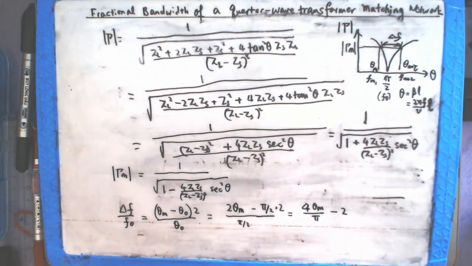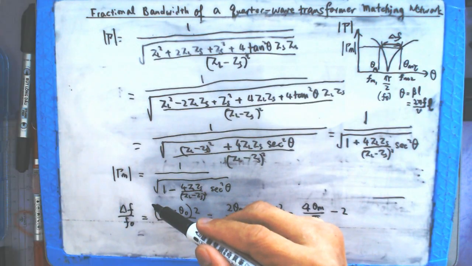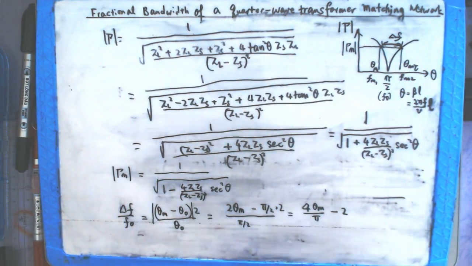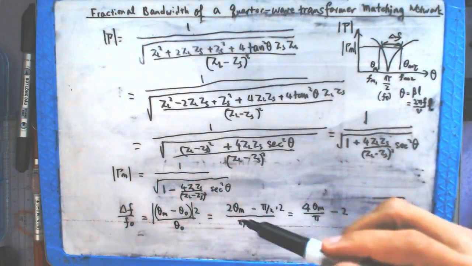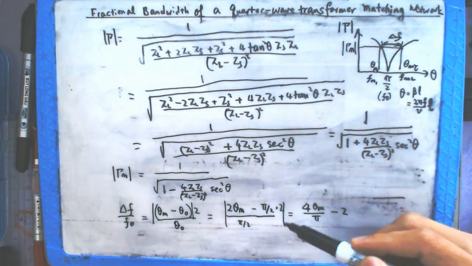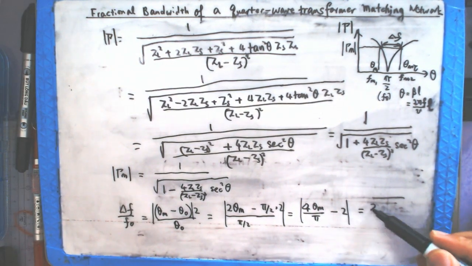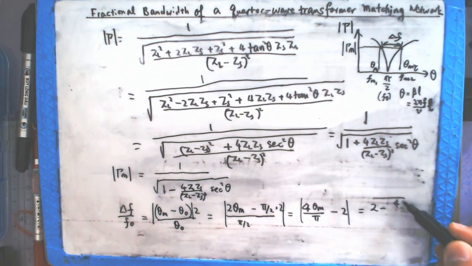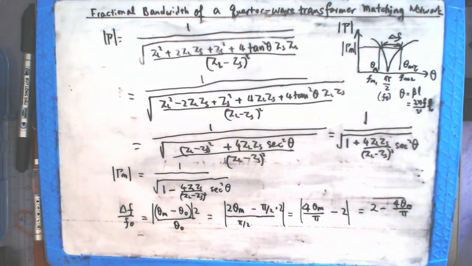But theoretically, this one will give you a negative value. Most likely you will need to find the absolute value, because most likely beta m will be this one. Okay, so we are going to do this. So let's say we get this. So this is the fractional bandwidth.